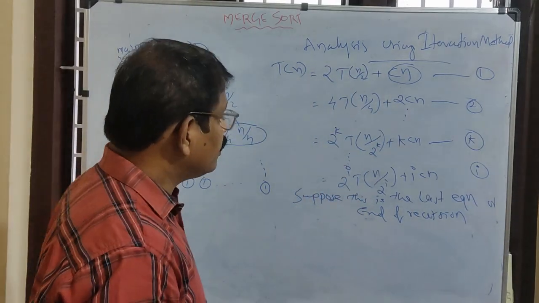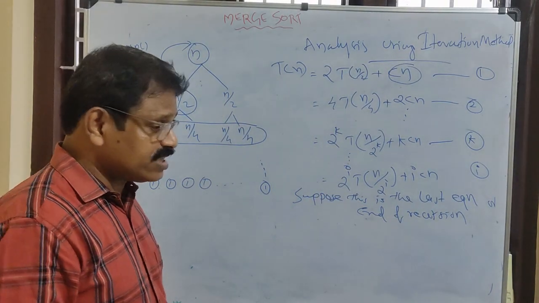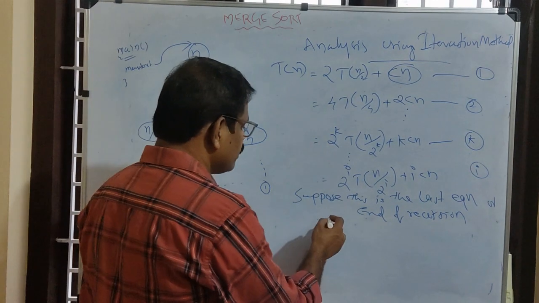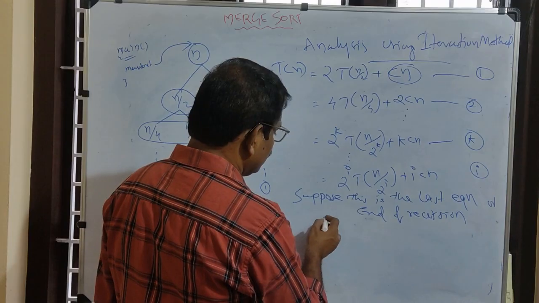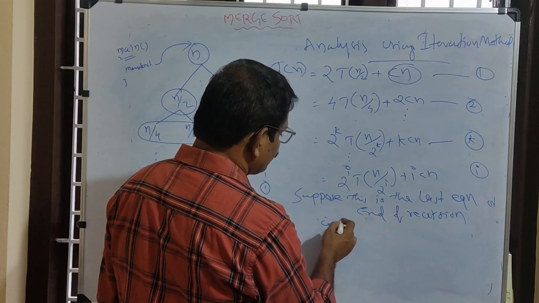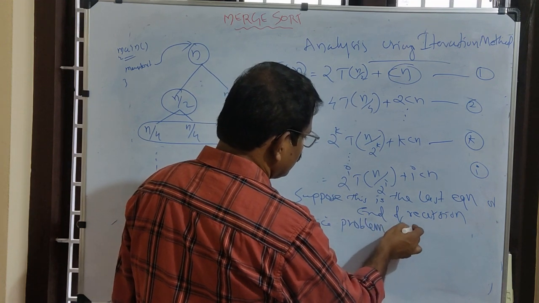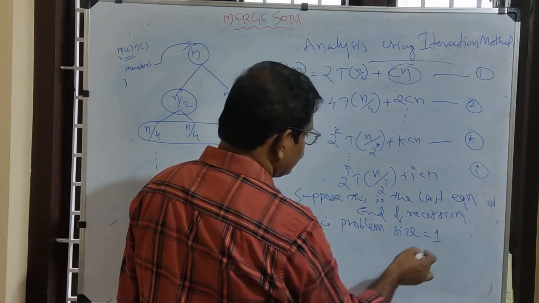We know the recursion ends when L equal to H, that is only one element, problem size equal to 1.